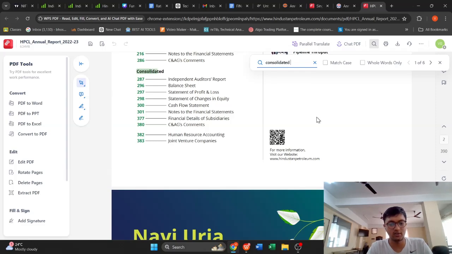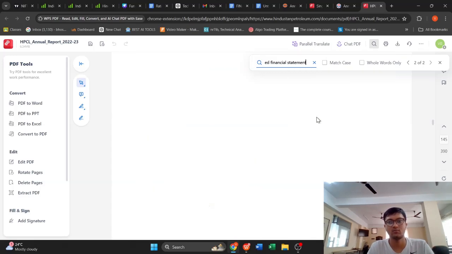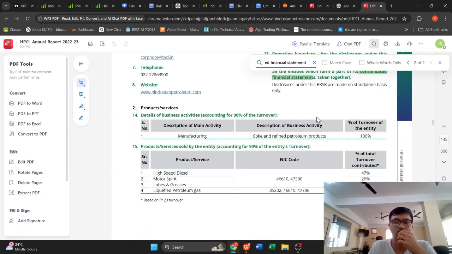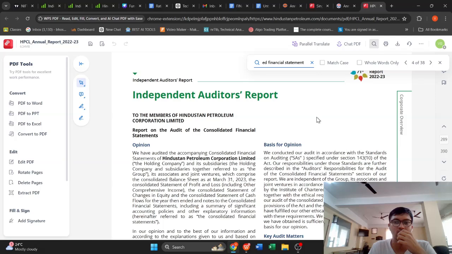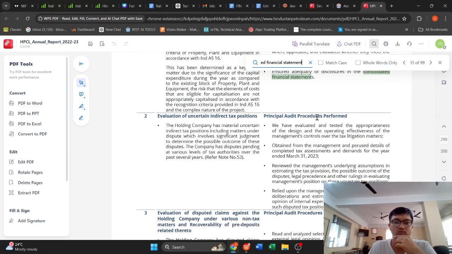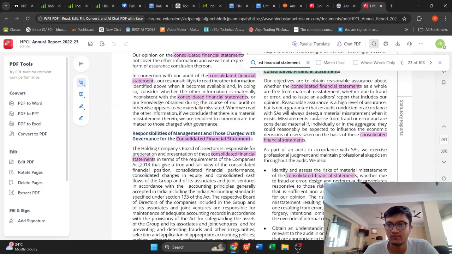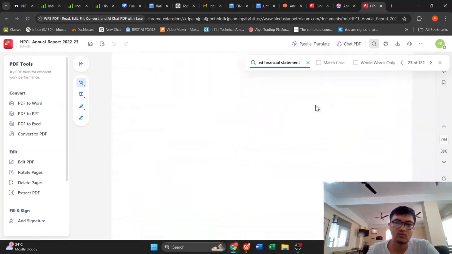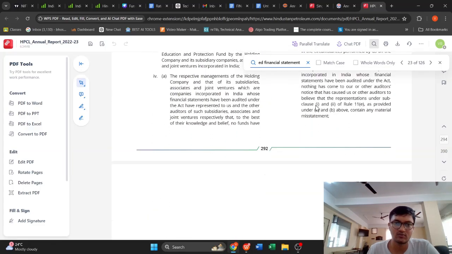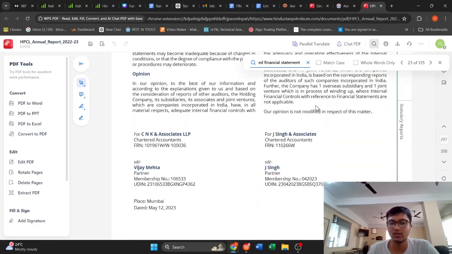So what you have to look at is the consolidated financial statements. The balance sheet and this full annual report depend on auditors, which taxation rules they're following, and what the industry standard is right now.